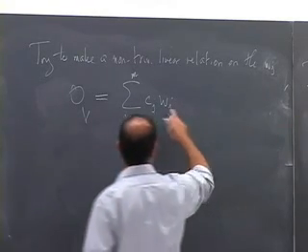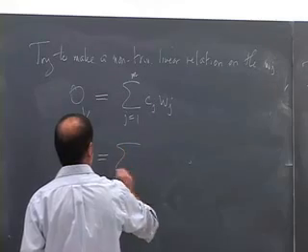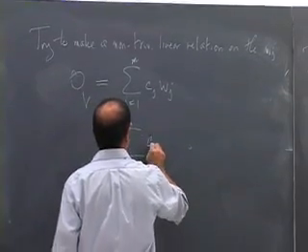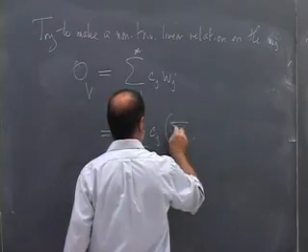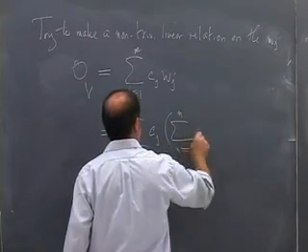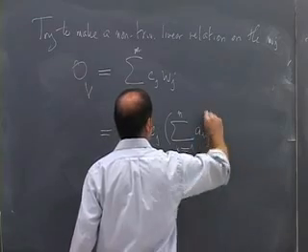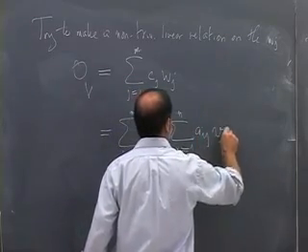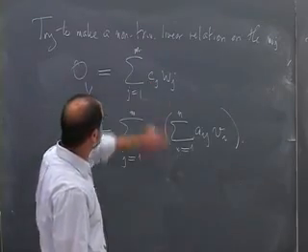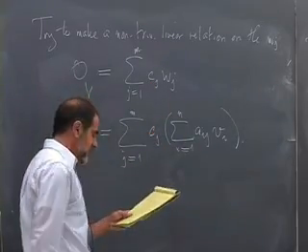Well, now I replace Wj by that sum over there. So that's the sum from j equal 1 to m, Cj, times the sum from i equal 1 to n of Aij times Vi. In other words, I take this relation that I'm going to make on the w's, and I turn it into a linear relation on the vi's.